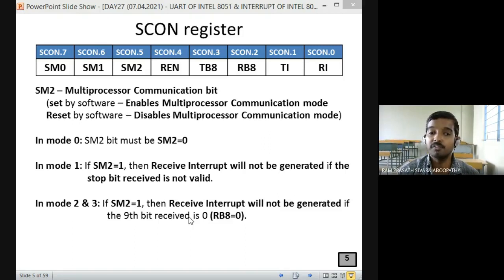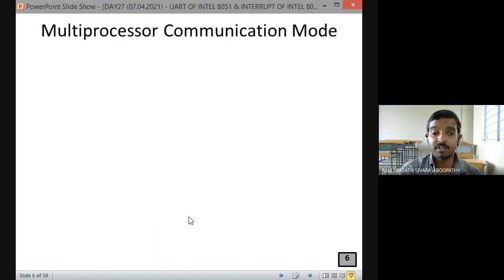Okay. Now we will clearly see what is meant by multiprocessor communication bit. So now we are going to elaborate the multiprocessor communication mode. The very first thing, what I have told about multiprocessor communication mode, how many master and how many slave will be going to have? போன கிளாஸ்ல நான் சொல்லியிருந்தேன் எத்தனை மாஸ்டர் இருக்கும் எத்தனை ஸ்லேவ் இருக்கும்னு சொன்னேன்.